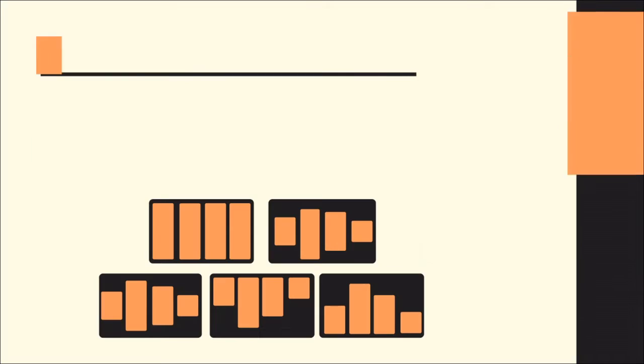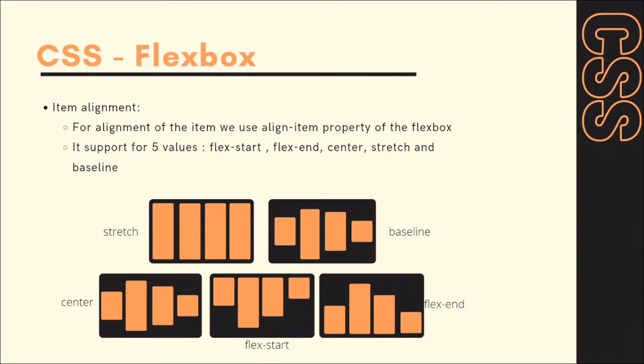Next comes the item alignment. For alignment of items, we use the align items property of the flexbox. It supports five values: flex start, flex end, center, stretch, and baseline. So we will start with flex start. As you can see here, there are four items with different content, and we want these items to be aligned in a container, that is the black container, at the top side.